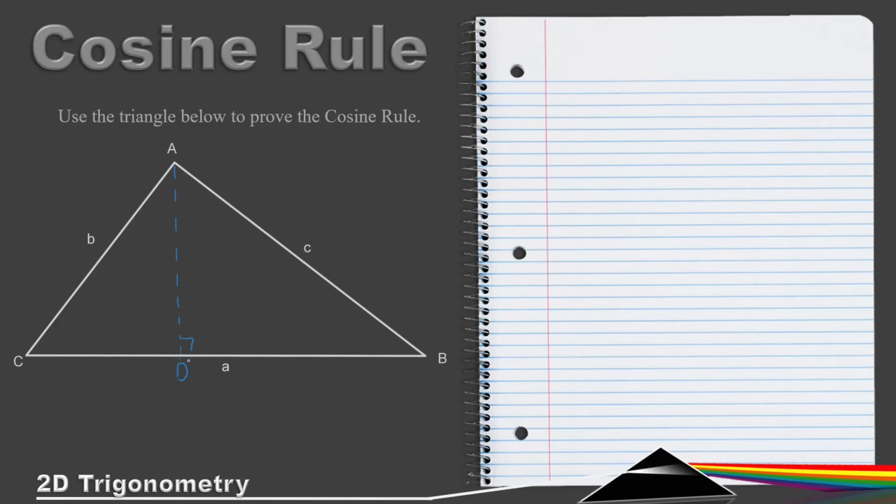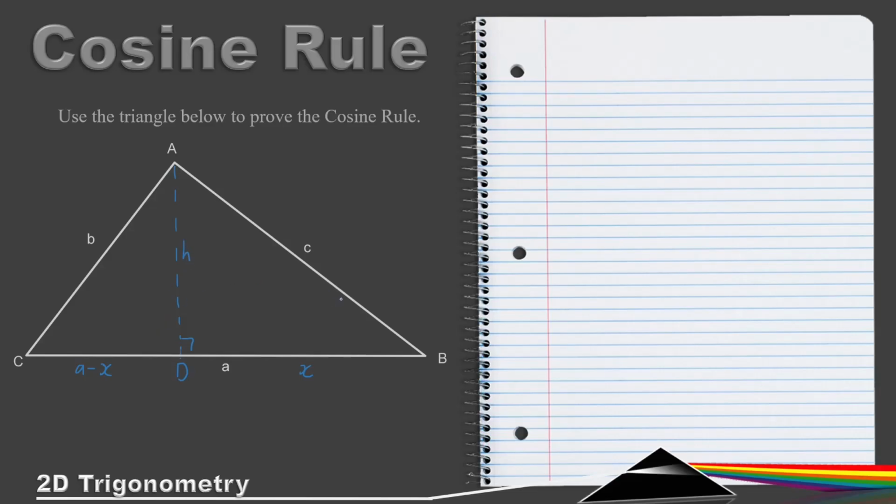We can call this distance here x, and if this distance is x, then this distance CD will be the entire distance a, and then you subtract x from it. So this is going to be a minus x, because we're basically just interested in CD. And then we can call the perpendicular height h.